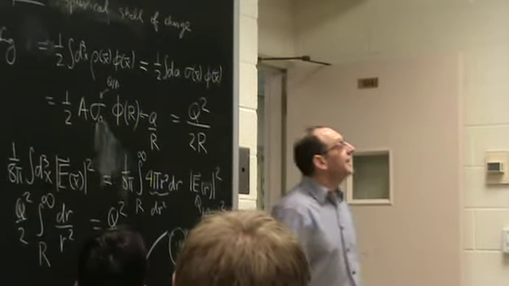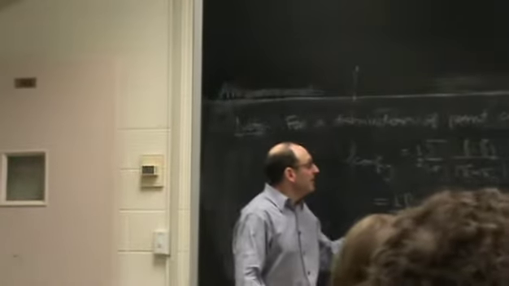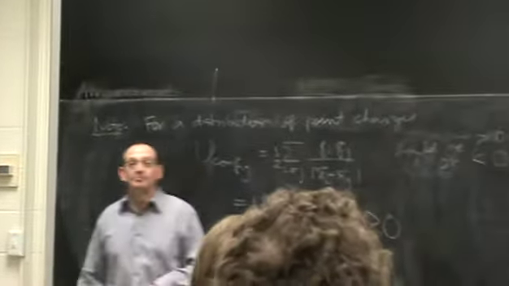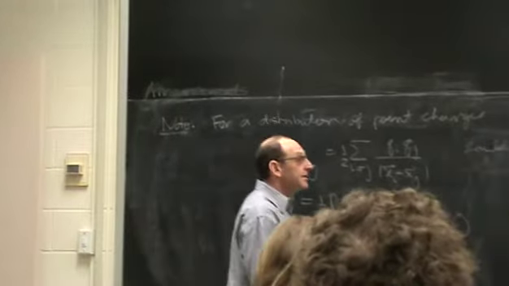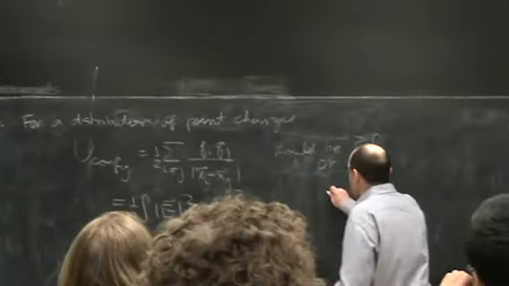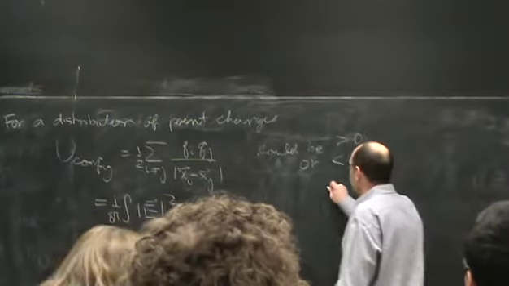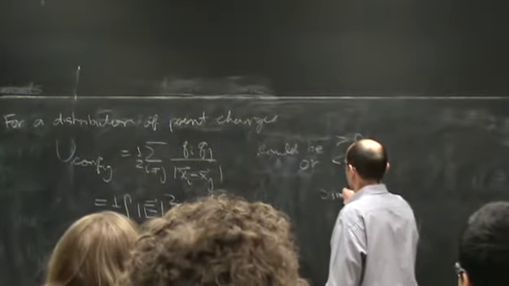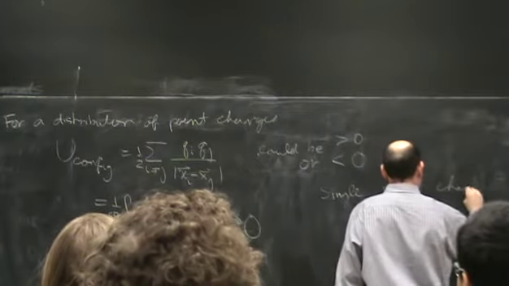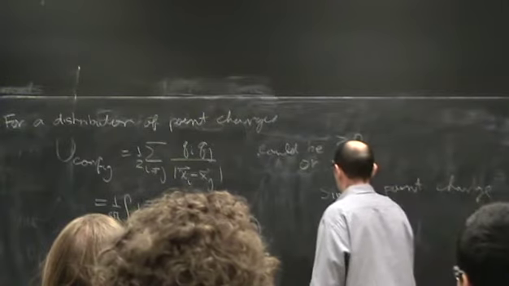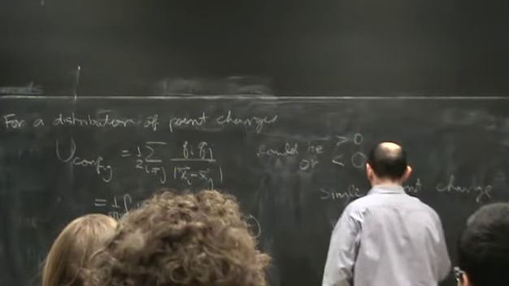The reason that this formula is different from this is that this formula came from the continuum. In fact, if I were to calculate the potential energy of the configuration, suppose I have a single point charge. Well, the electric field is Q over r squared.